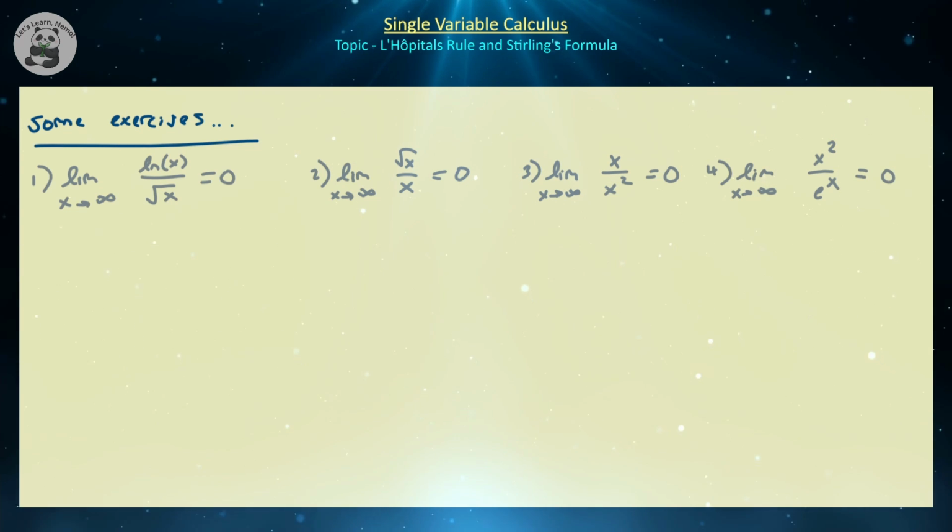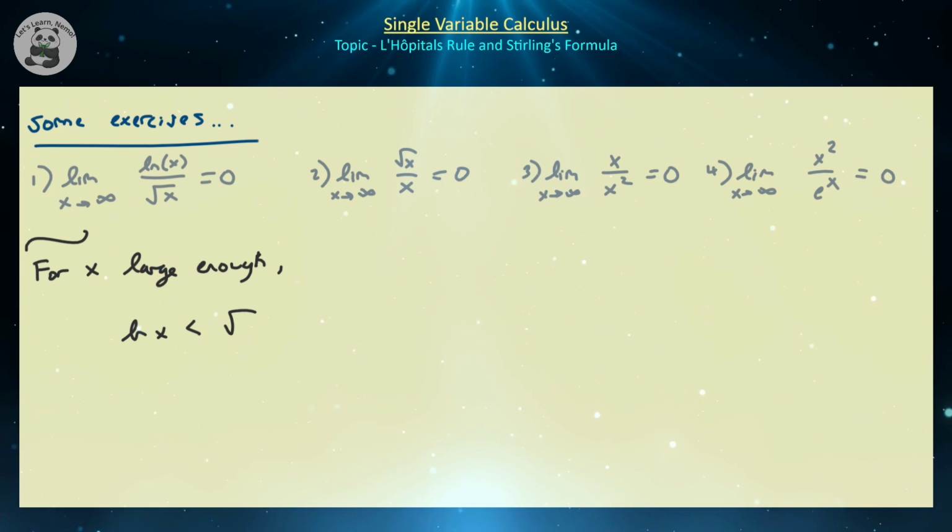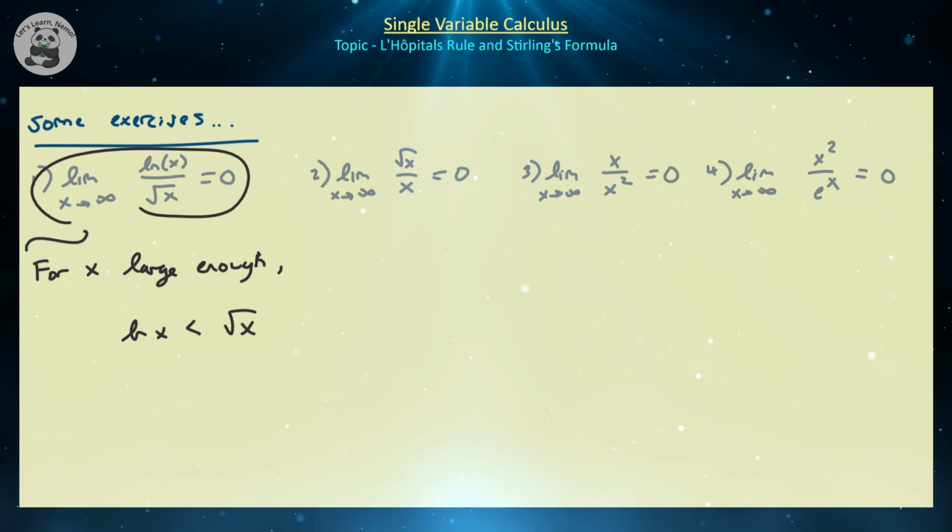So, why am I bringing up these 4 particular exercises out of the infinitely many that I could introduce? One can conclude from these 4 expressions that for x large enough, or if x is an arbitrarily large number, the natural log of x will always be smaller than the square root of x. We can get that from this first expression.